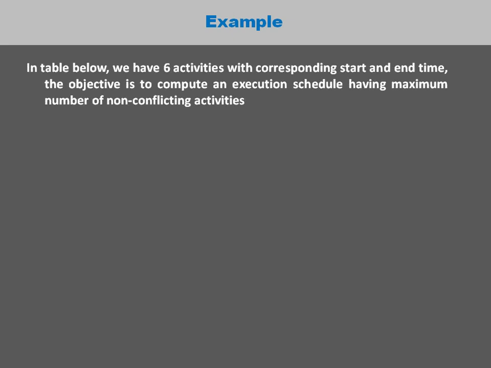In the table below we have 6 activities with corresponding start and end times. Here start and end time mean start and finish time. The objective is to compute an execution schedule having the maximum number of non-conflicting activities.